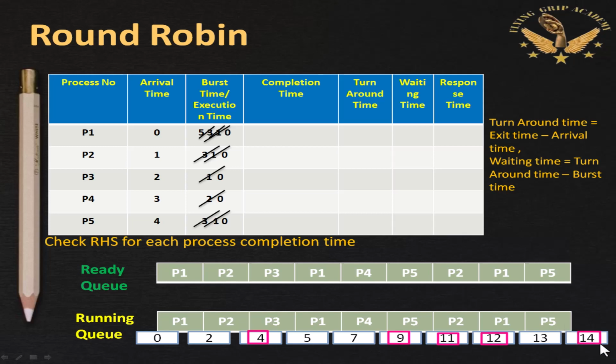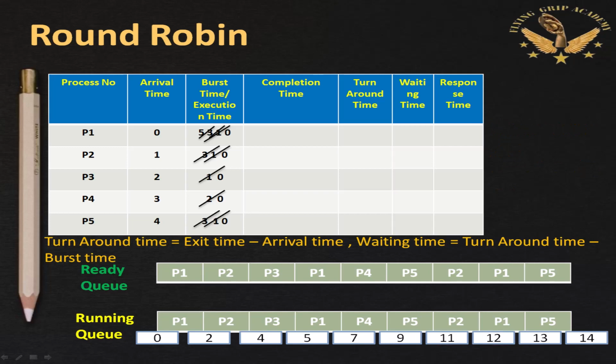Let us mark the completion times. P1 has completed at 13. Next P2 has completed at time 12. Taking the right hand side, P3 has completed at 5, P4 has completed at 9 and P5 has completed at time 14.